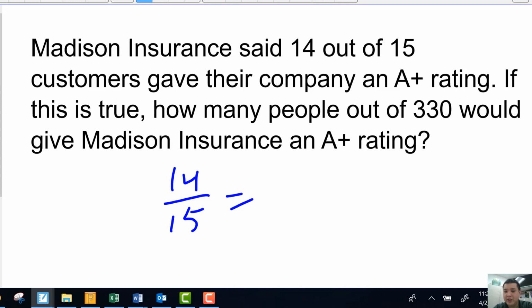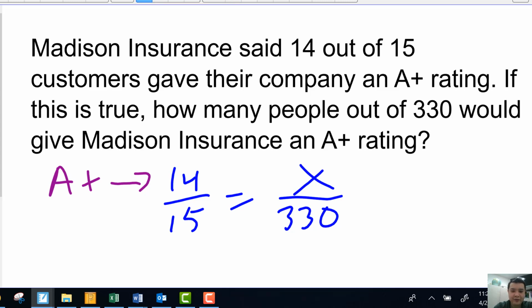So we're going to set this equal to some unknown number that continues to say that the company has an A+ rating out of 330. We're asking out of 330 people, how many would say they have an A+ rating? So this is the people who say there's an A+ rating right here. Top part is A+ rating.